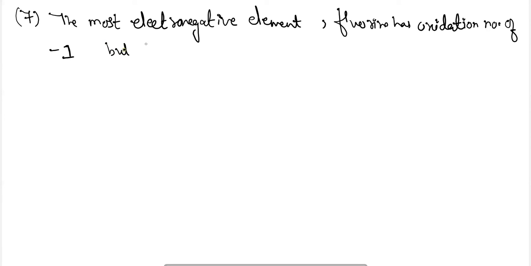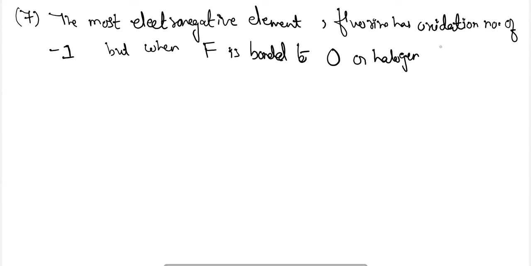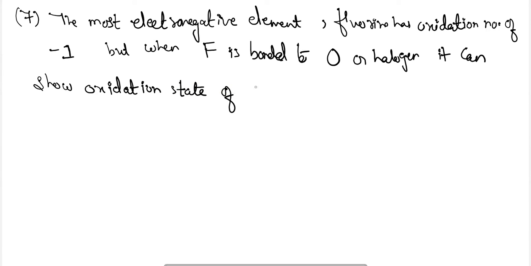But when fluorine is bonded to oxygen or other halogens, it can show an oxidation state of plus 5 in IF5, and in IF7 it can show plus 7.